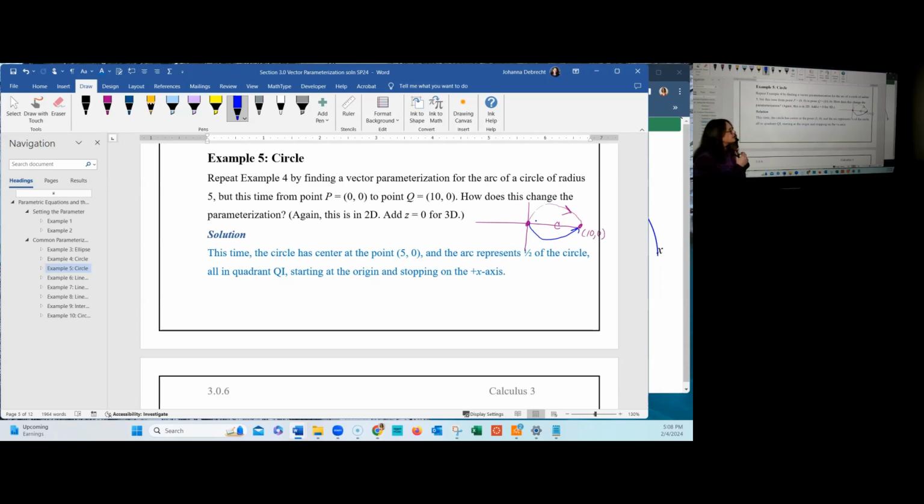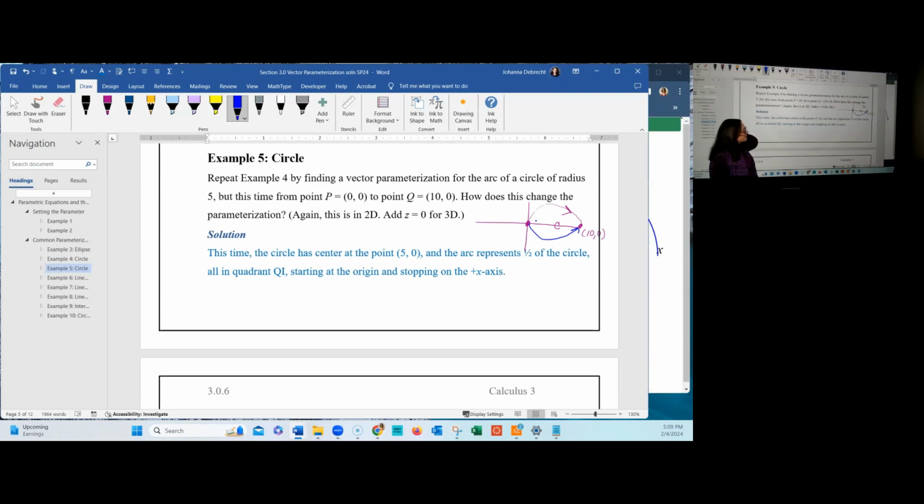So if I'm doing this one right here on top, starting at 0, 0, I'm traveling in a counterclockwise direction from 0, 0 to 10 pi. Notice that the blue and the pink are not traveling in the same orientation. The pink is traveling counterclockwise. The blue is still actually counterclockwise. All right, so interestingly enough.